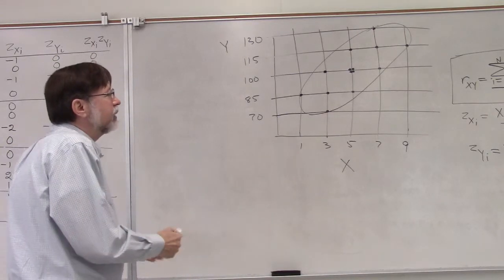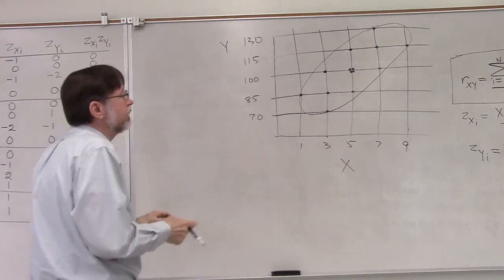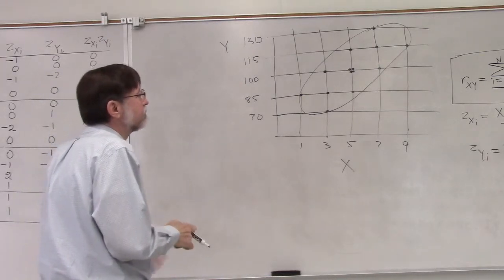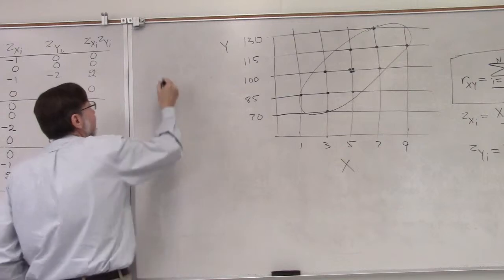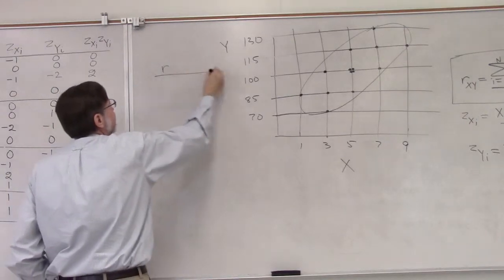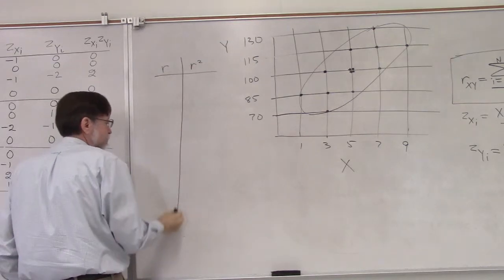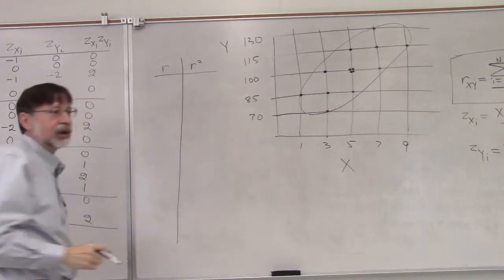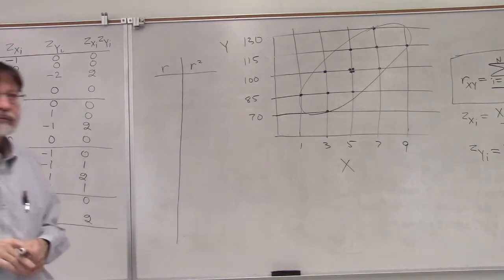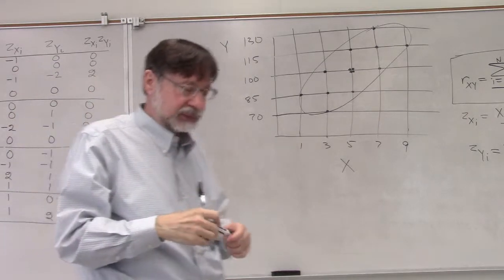So how good is a 0.7 correlation? And here's the way to think about it. You square the correlation. So here's the correlation and here's the correlation squared. And then you ask yourself this question.